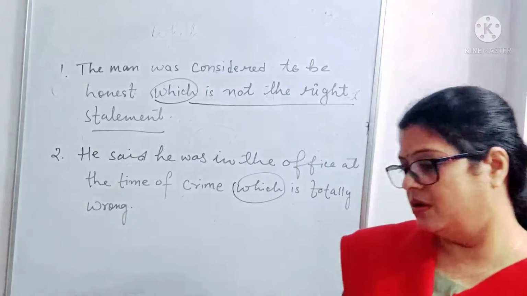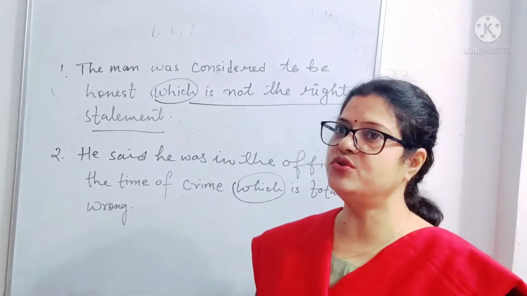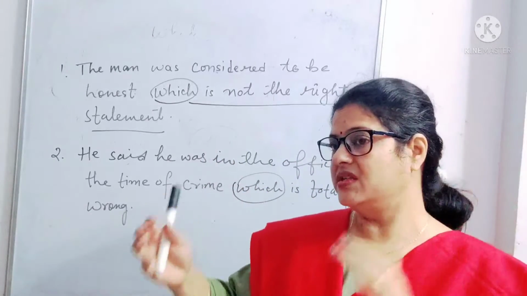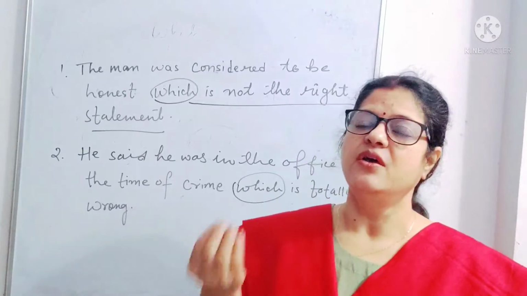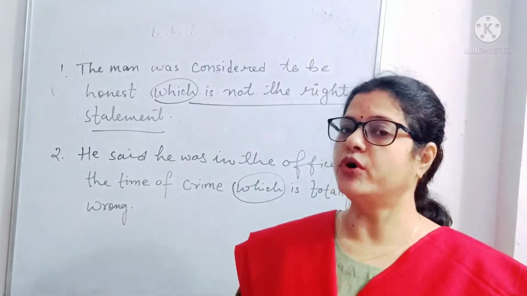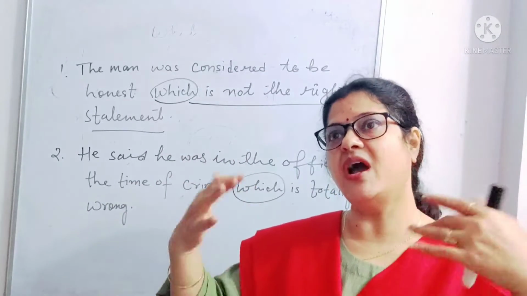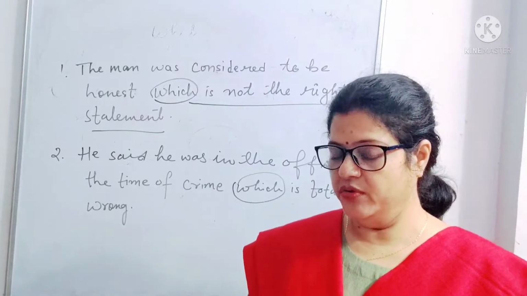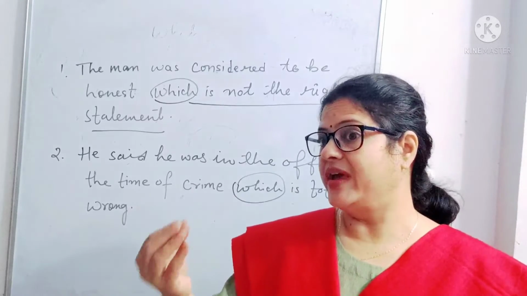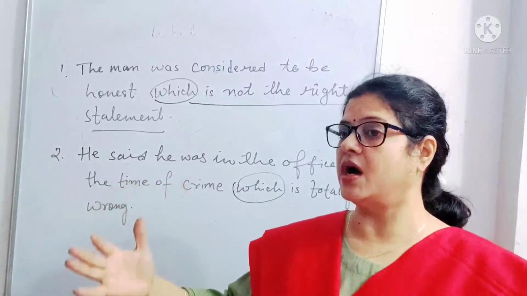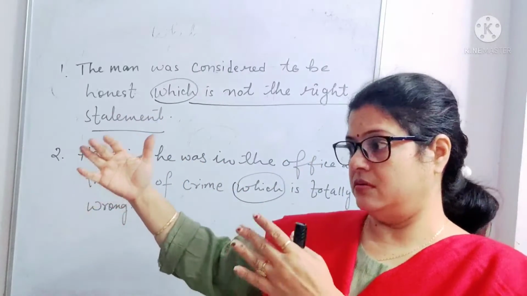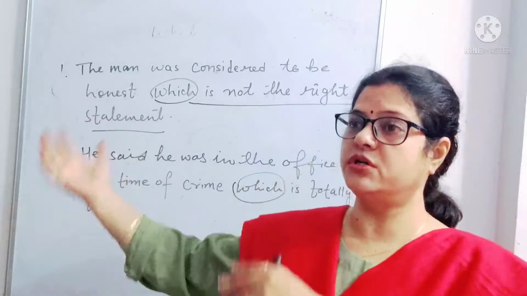Okay, now one more thing I would like to tell you: sometimes we find that which is also used to ask a question. We say that which is only used for animals and lifeless objects, but what about this? Sometimes when we ask a question, you can see in KBC or some other quiz program, the question goes like this: which of these men got the Nobel Prize?